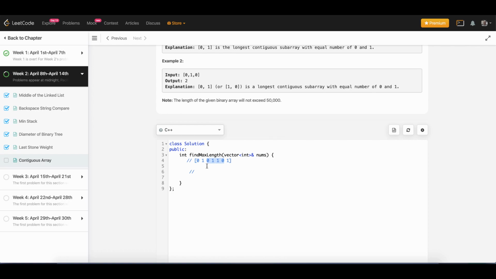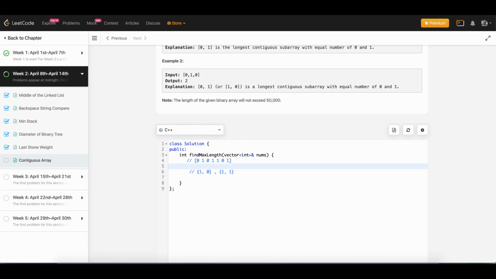Now what we can do is we can simply think about the number of 0s and the number of 1s. If we consider this, here total number of 0 is 1 and total number of 1 is 0, and in the second position total number of 0 is 1 and total number of 1 is 1.